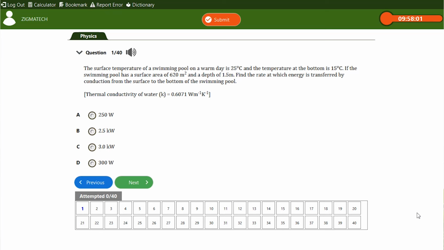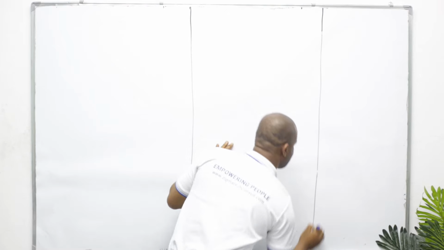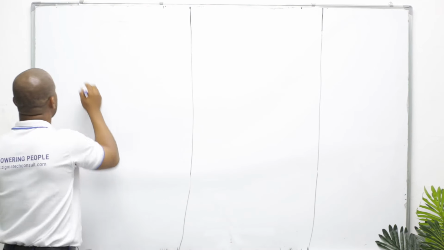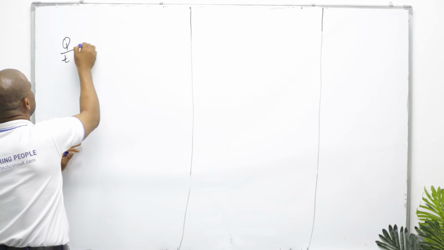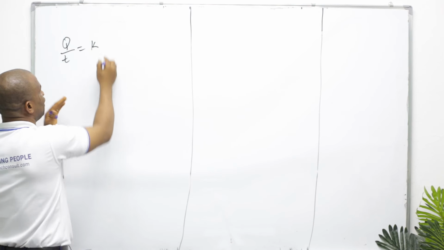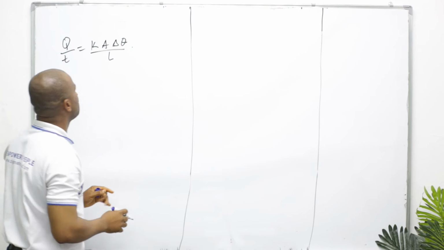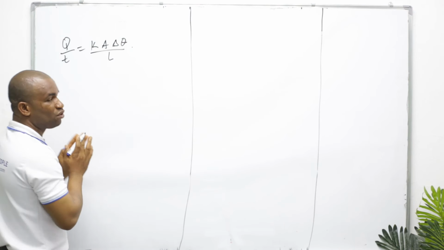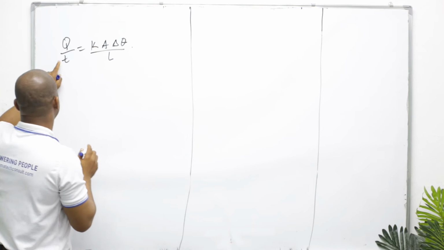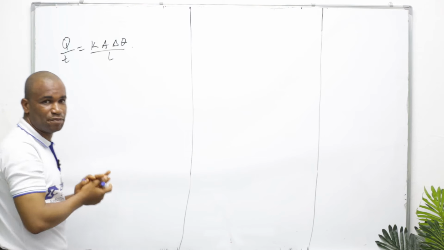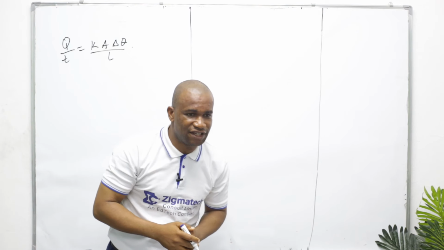Alright, this question I will start with. I'm going to have Q over T is equal to K A change in temperature all over L. Remember Q is the quantity of heat, while T is the time, but the quantity of heat over time is the same thing as power, and that is why we have watt there.